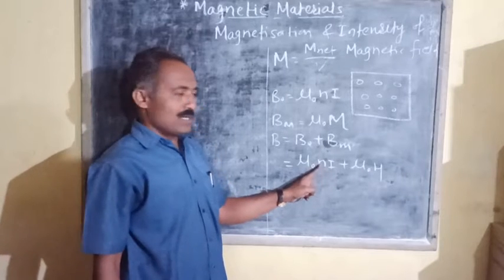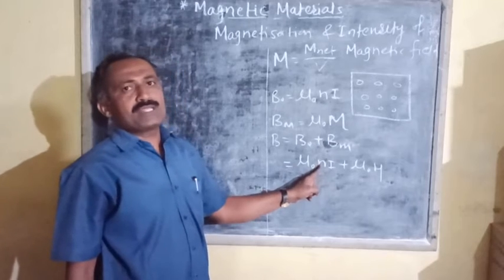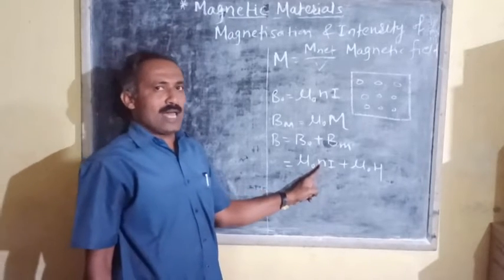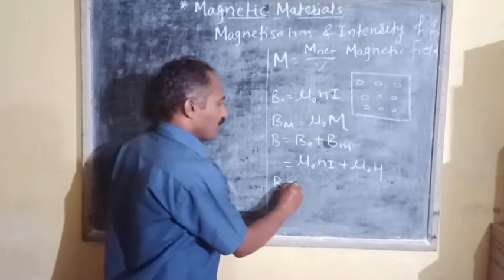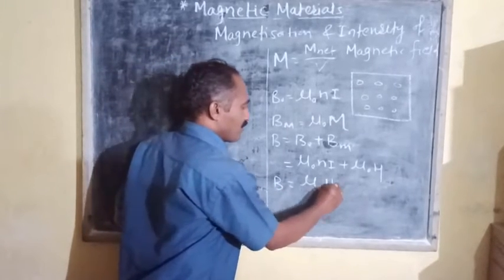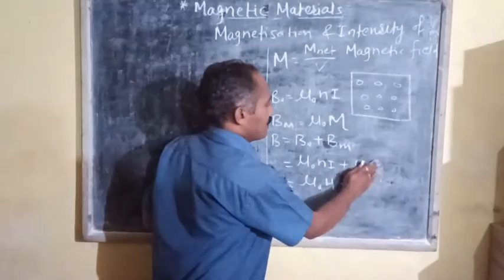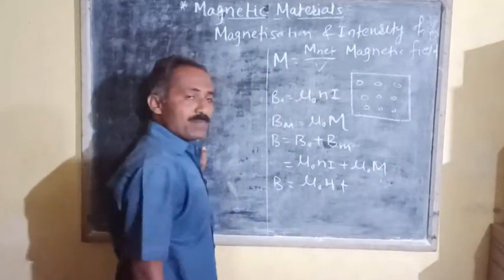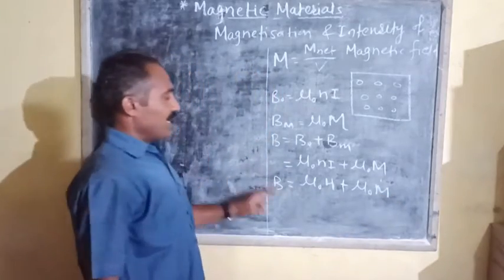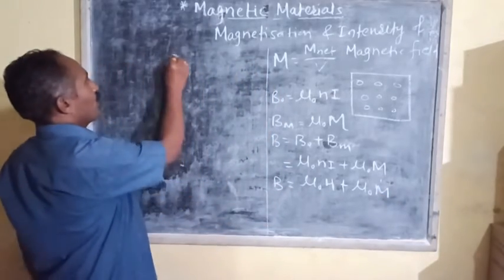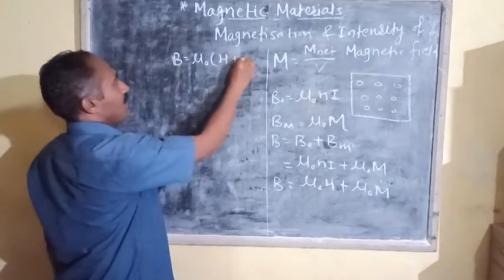As the number of turns and the current flowing through the solenoid is large, then magnetic intensity is also large, and it is denoted by H. We can write B is equal to mu 0 H plus mu 0 M, or we can write B is equal to mu 0 into bracket H plus M.